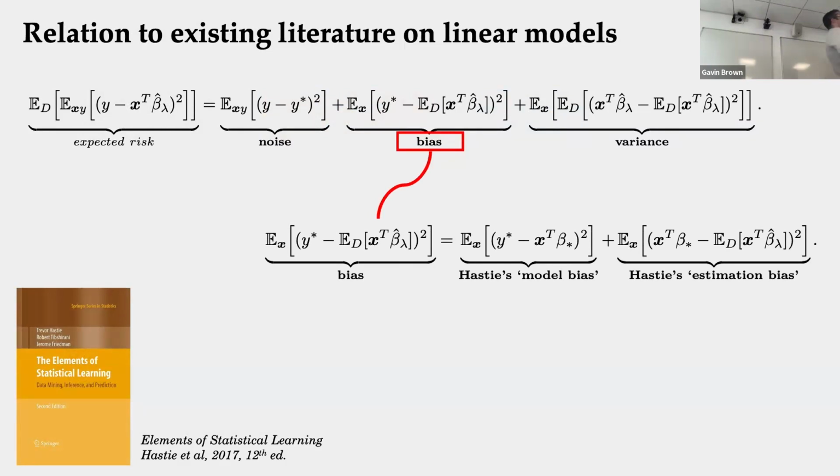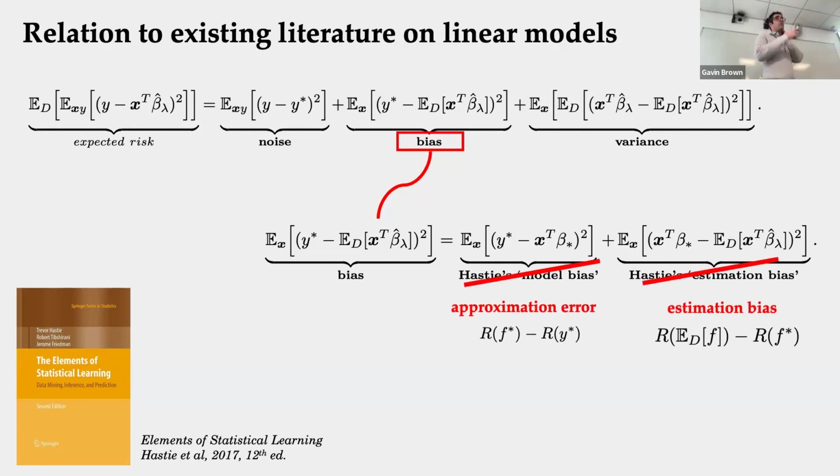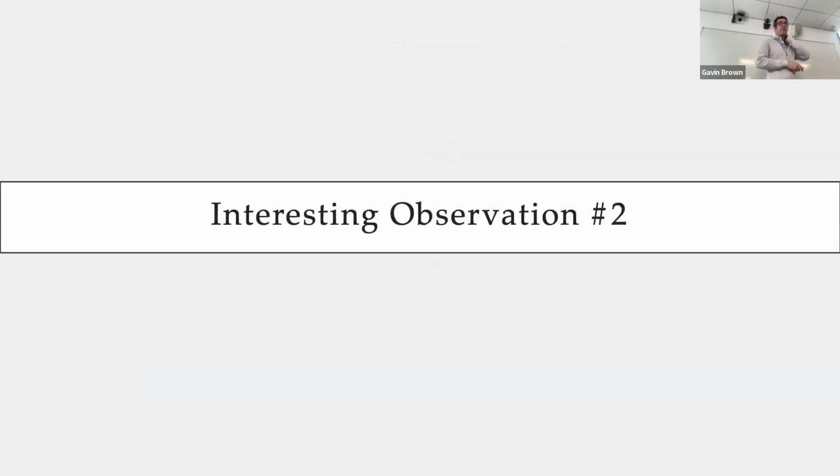And with a little bit of algebra, you can actually work out that what he was in fact referring to is the approximation error and what we have also called the estimation bias. So with this work, I guess what we've done is generalized this observation of model and estimation bias, and turns out some interesting geometry in the way this works when you go to nonlinear models. So here's interesting observation number 2.